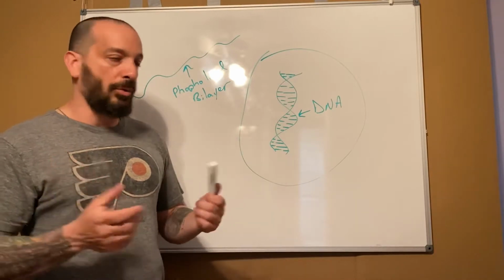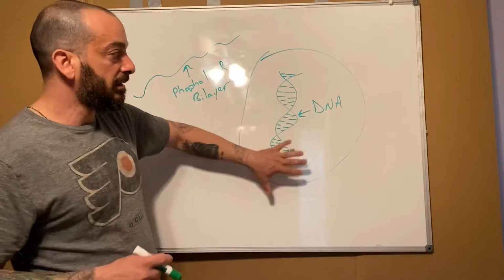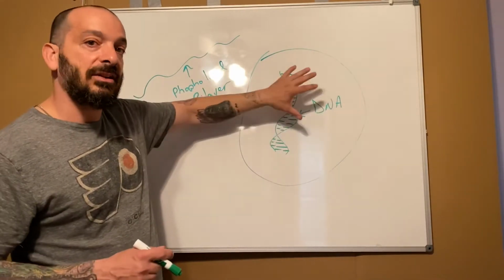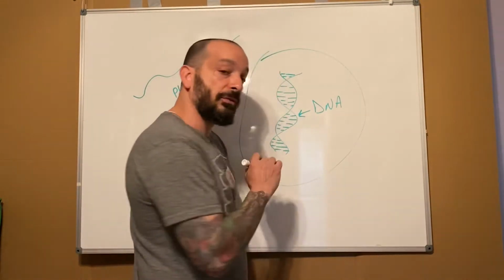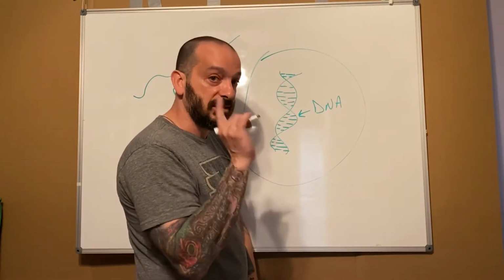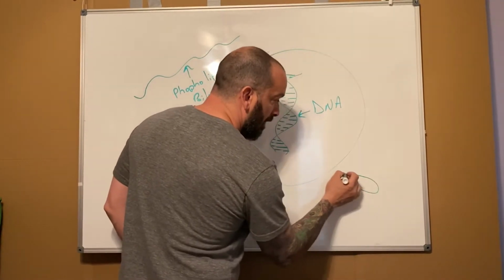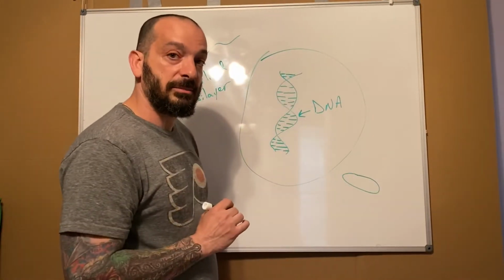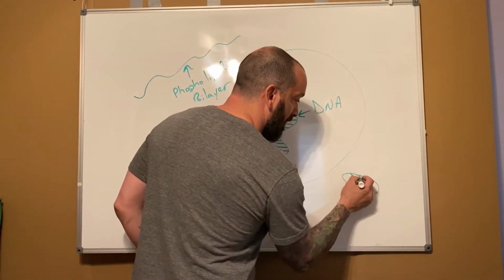Then at some point, this single cell organism engulfed, through endocytosis, if we remember that, another single cell organism that lived on its own at one time, called a mitochondria.